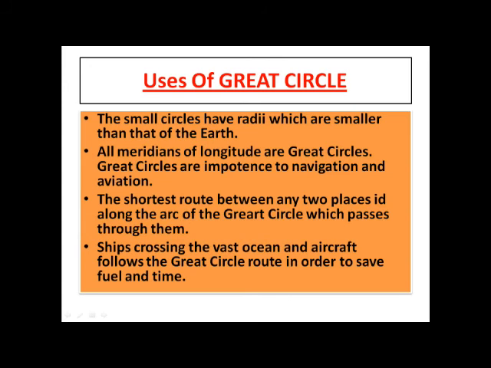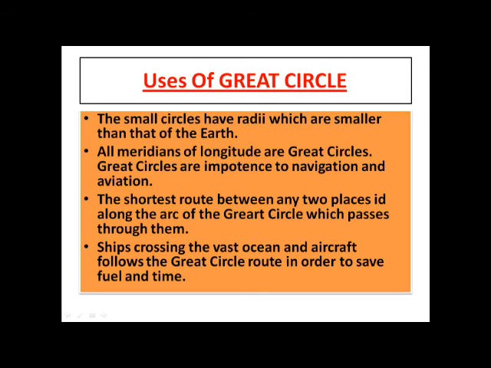Number one, small circles have radii which are smaller than that of the earth. Number two, all the meridians of longitude are great circles. Great circles are important to navigation and aviation. The shortest route between any two places is along the arc of the great circle which passes through them.